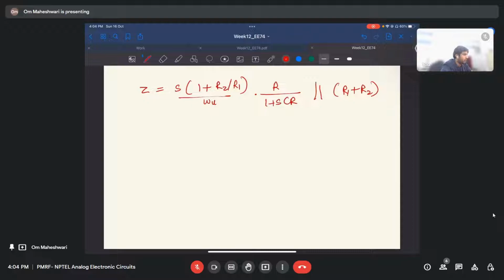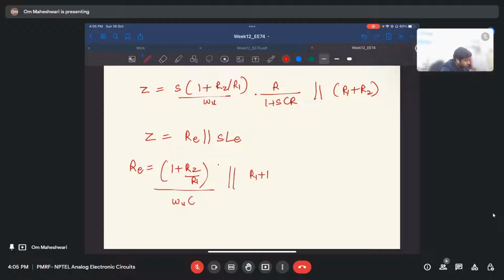So now we have to separate it so that it is a parallel combination of some resistance and some inductance. Yes, right. So if we do that, we will get R equal to (1 plus R2 by R1) upon omega u C, parallel with R1 plus R2, and L equals (R1 plus R2) by R1 times 1 by omega u.